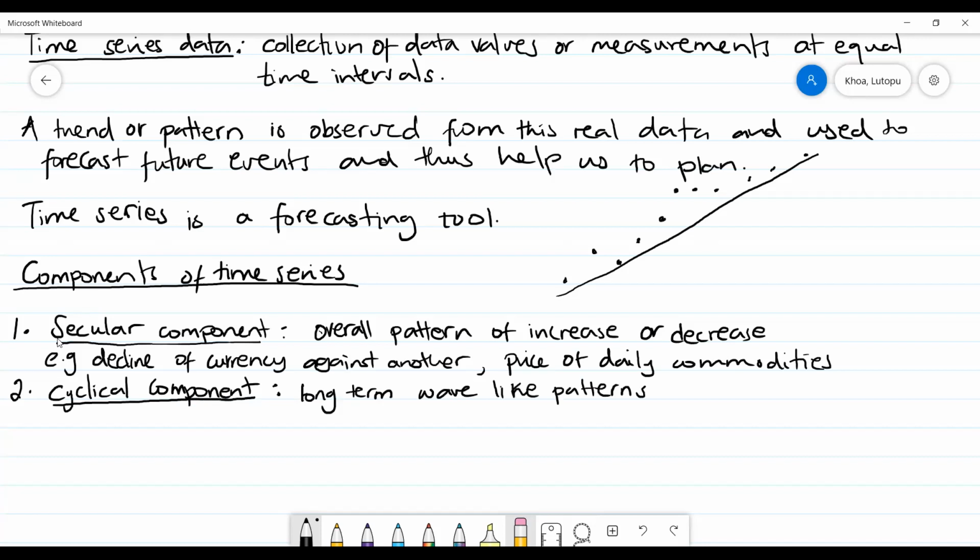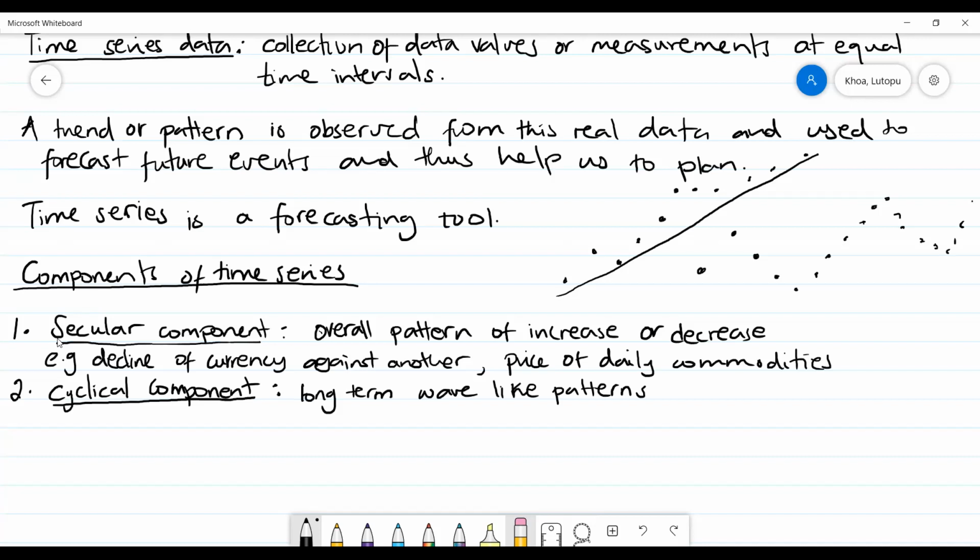Okay, so if you plot your data, and you continue plotting, you notice that at some point it goes up, then it goes down, it dips, then after some time again it'll go up again, then it'll dip, and then it continues in that manner. So this one you observe over a long period of time.